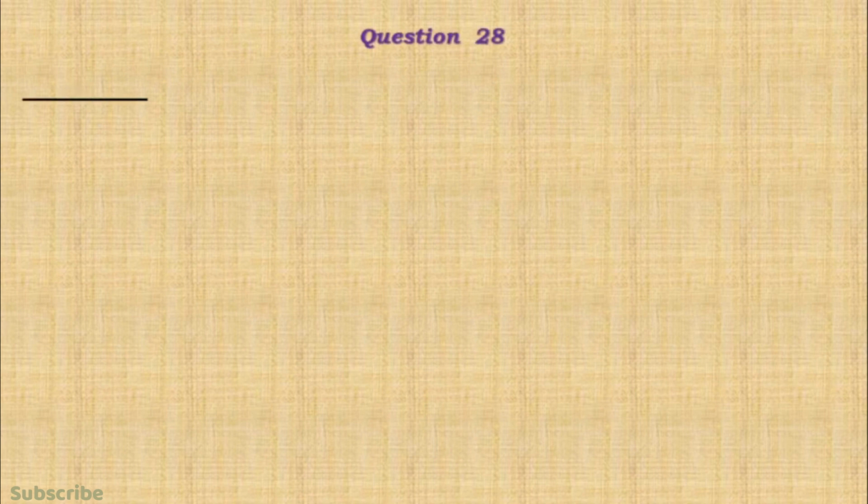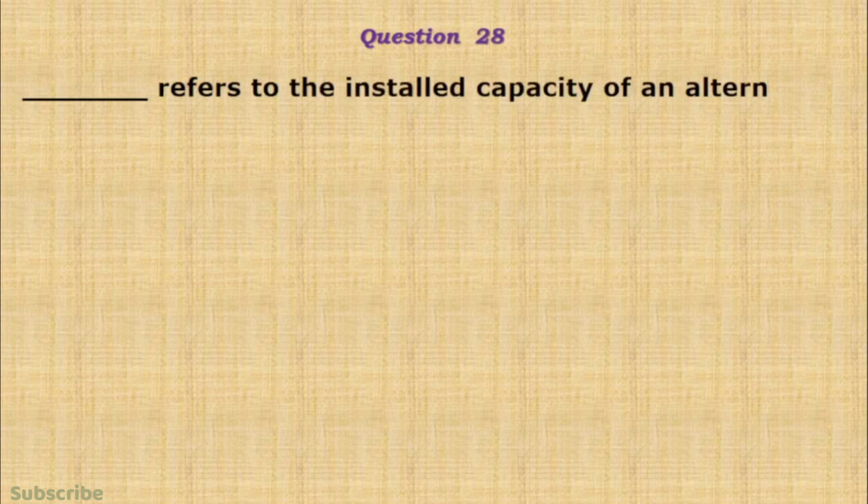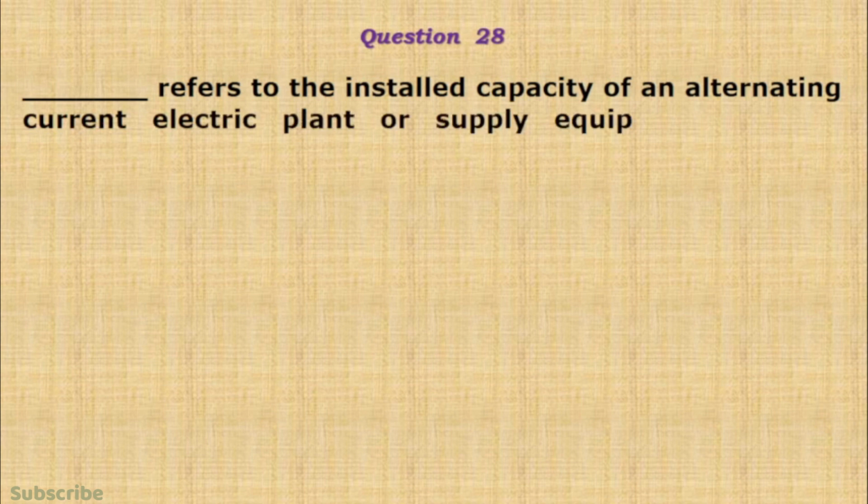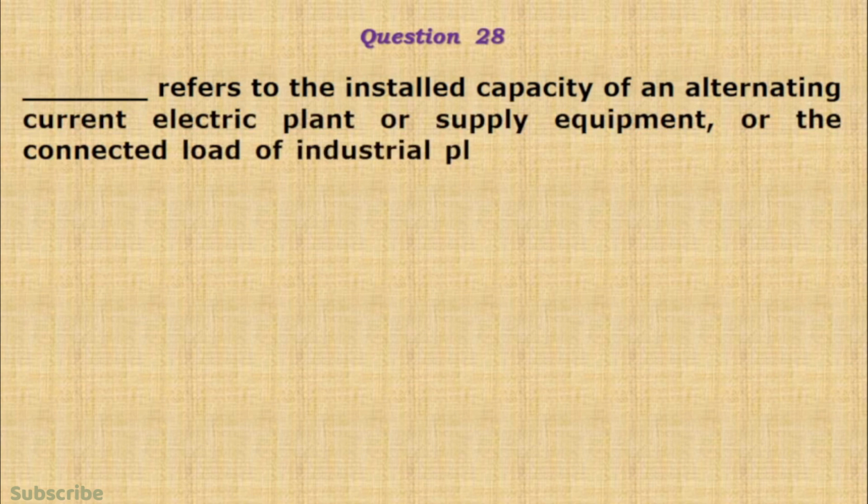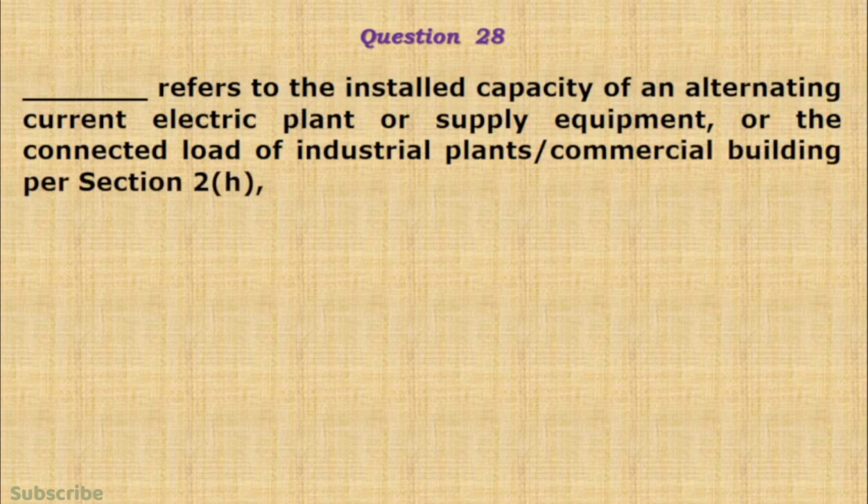Question number 28. Blank refers to the installed capacity of an alternating current electric plant or supply equipment, or the connected load of industrial plants or commercial building per Section 2H, Article 1 of RA 7920.